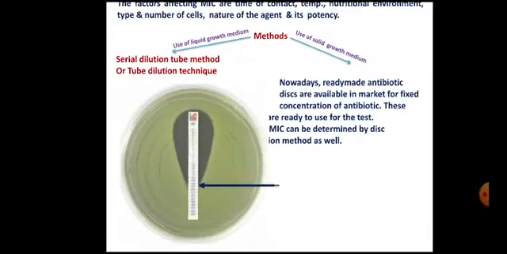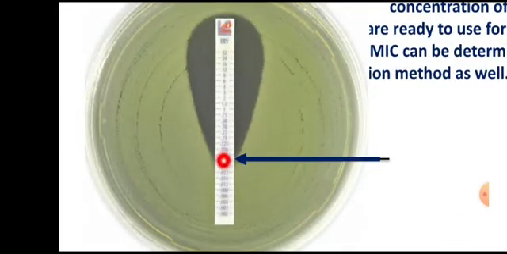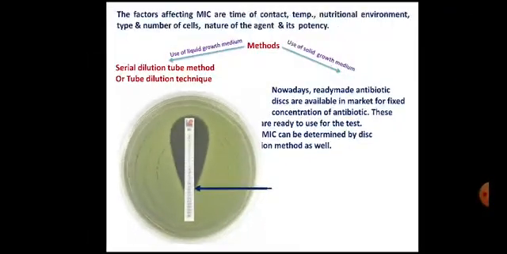So this value is your MIC. This is how solid medium is useful for the determination of minimum inhibitory concentration. A very easy, reliable and time saving technique.